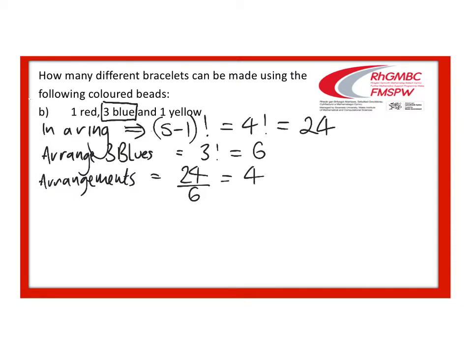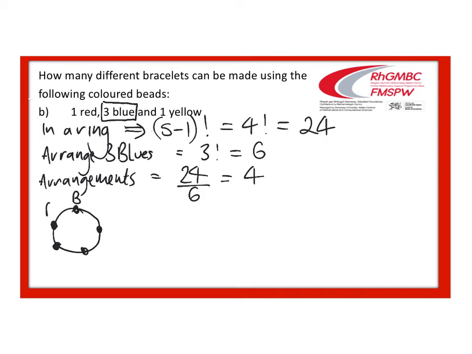And actually we can see that, and I'll show you quite quickly how we can do this. Looking at our diagram, let's imagine I've got 5 beads to fill. I'm going to focus on the blue because that's a repeated colour, and I'm going to put a blue here.